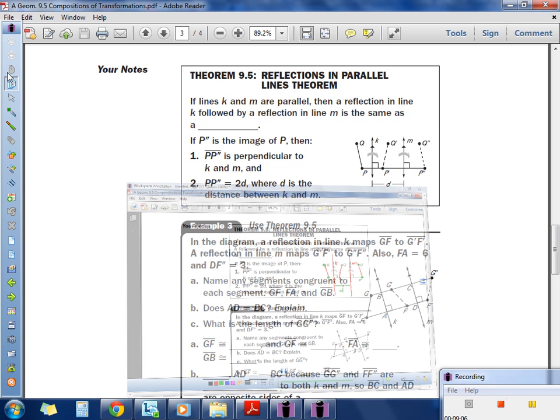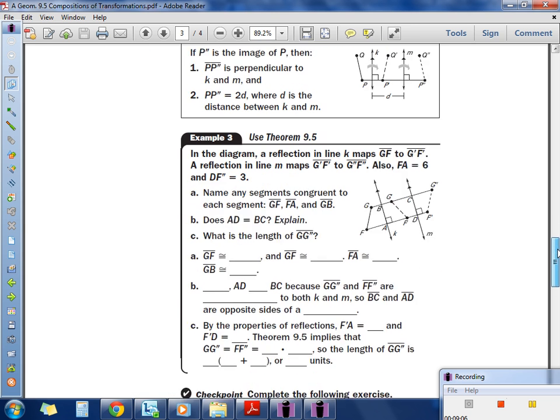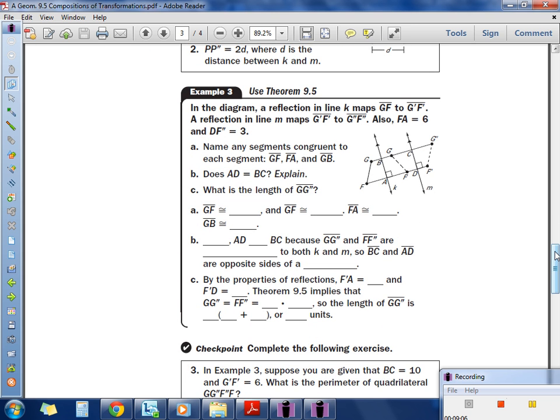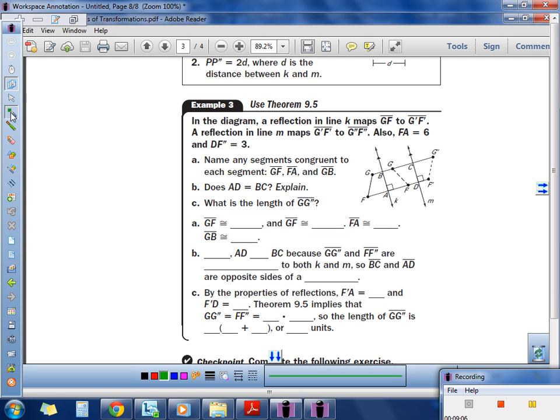Let's look at example 3 to see what they're talking about. On this picture it says we have a diagram, and it has a reflection over line K and line M, kind of like what we just talked about. And so they want to eventually map GF to G prime F prime over to G double prime F double prime.